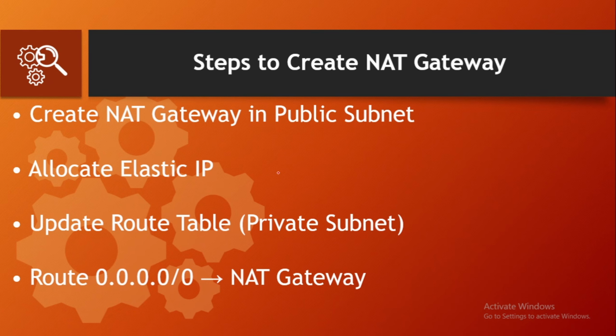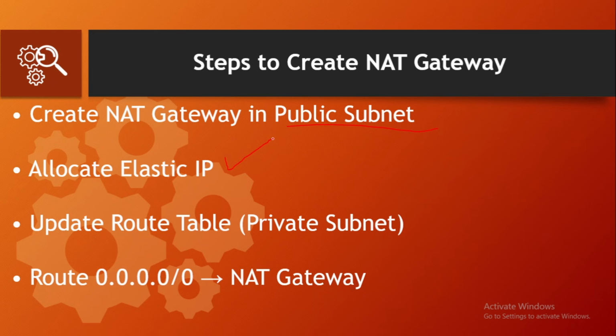So now let's look at the steps to set up a NAT gateway. First, we create a NAT gateway inside a public subnet. Second, we allocate an elastic IP, because it has a public interface, which is why it uses an elastic IP, which will act as a public IP for that particular NAT gateway.